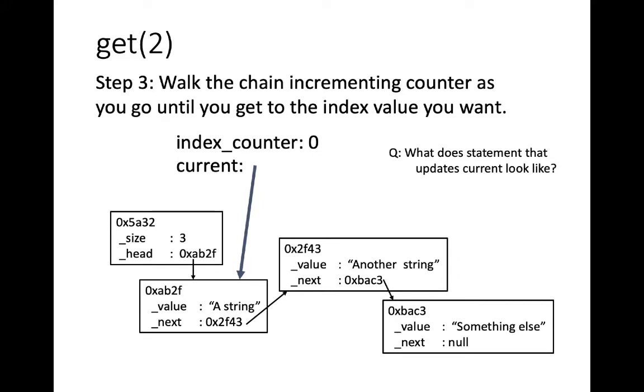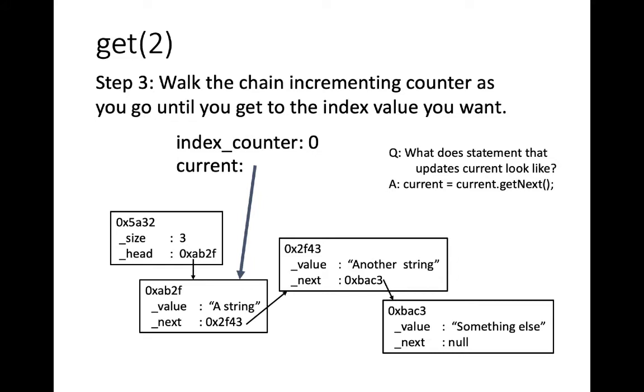There you go, right? So I set current up to be the beginning of the chain, and once I'm at the beginning of the chain, that's fine. I don't need head anymore. Now I can just keep using current and update current. So in order to update current so that it's the next node, I can say current equals current get next.